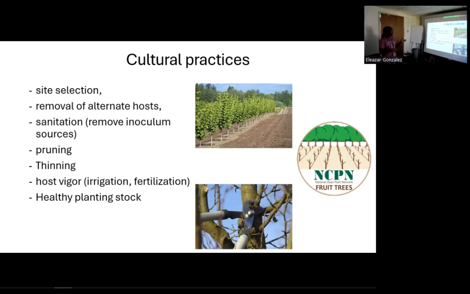Once you have a good site, you also want to make sure you don't have alternate hosts. This is important for rust diseases such as the cedar rust, which I had mentioned. There are not many diseases with alternate hosts, but cedar apple rust is one good example. Then sanitation: the infected fruit in the tree or the mummified fruit are inoculum sources.